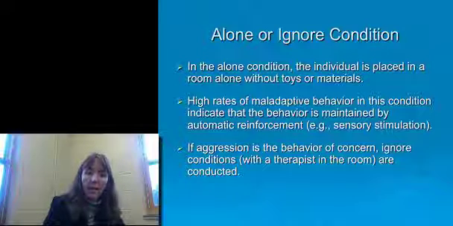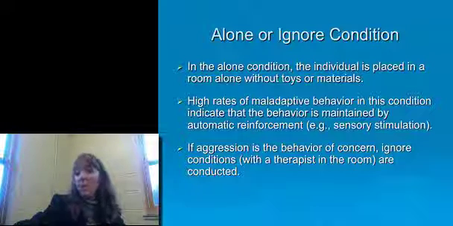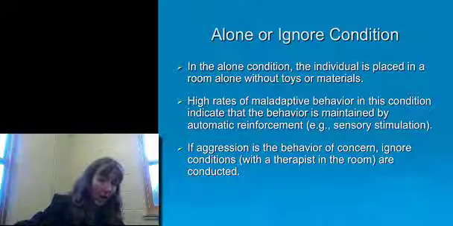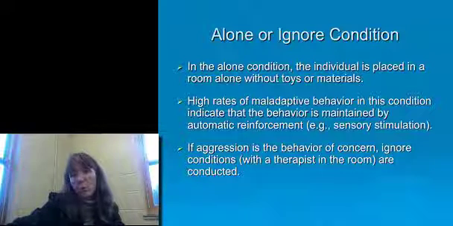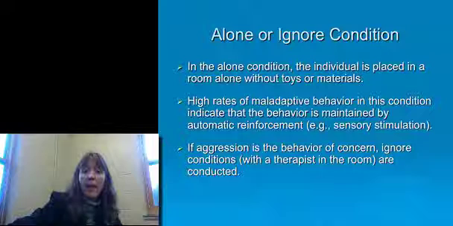And that tells us that possibly there's an automatic reinforcement function. So if we're in that environment, we're not interacting with them, we're responding to nothing, we're providing nothing, then essentially it's possible that if high rates of the behavior occur, it's independent of any kind of social mediation, and it's an automatically reinforced behavior.